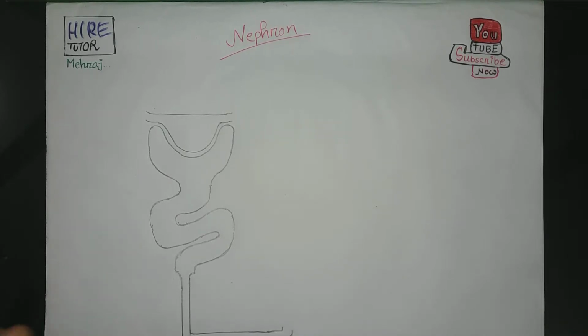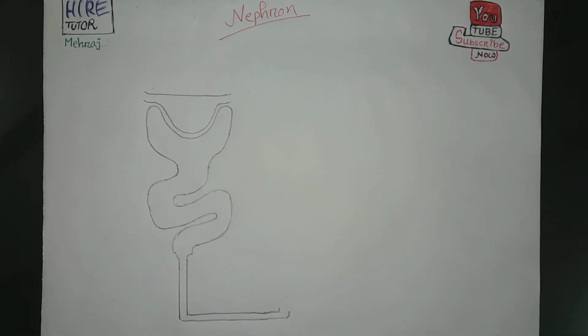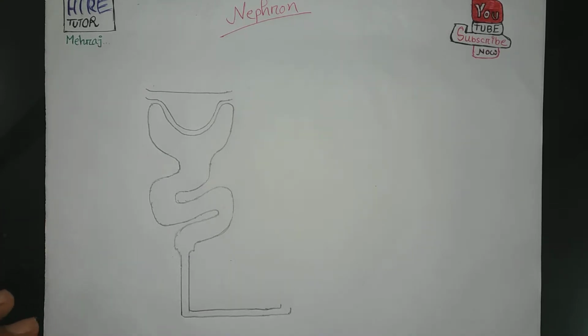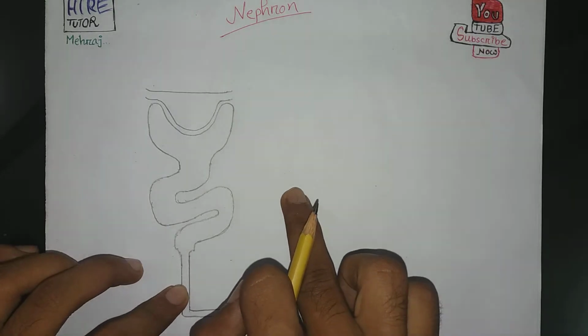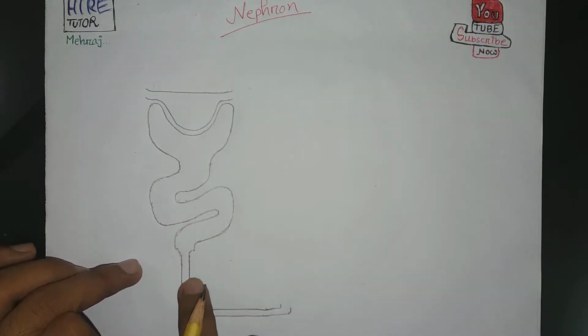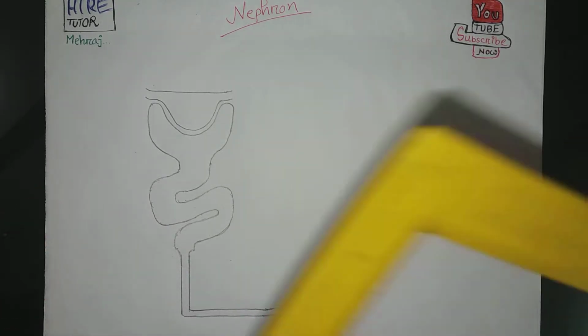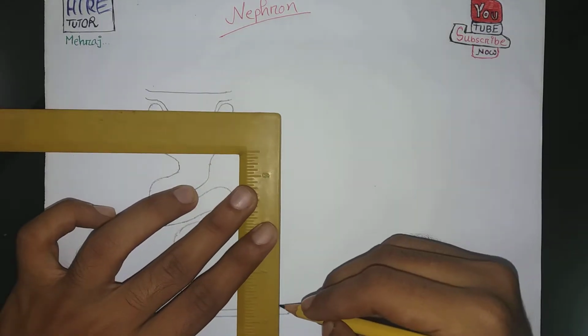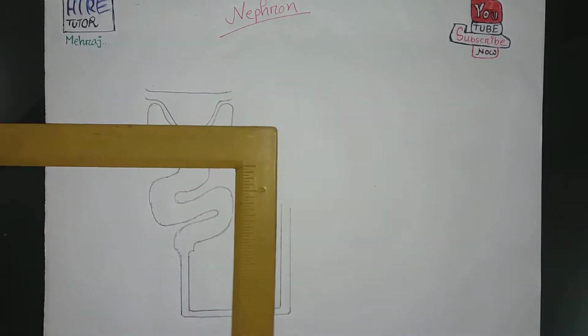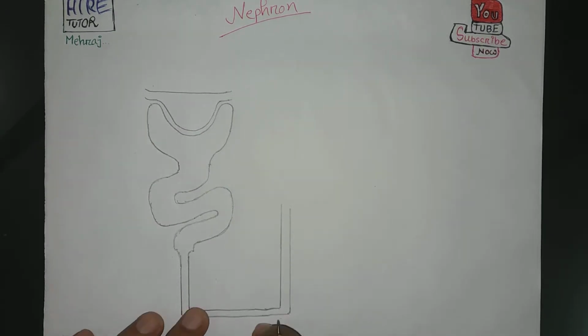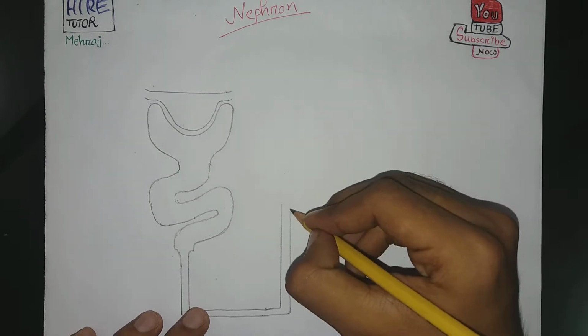As you can see, this one is like this, and I will just draw another line here parallel to this line. See this? Very easy. So this is the loop of Henle. This is pretty easy to draw.